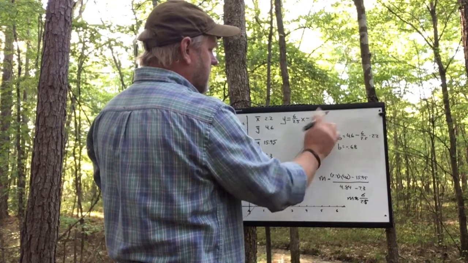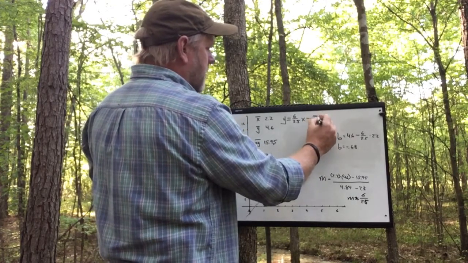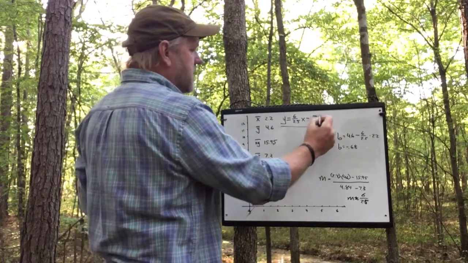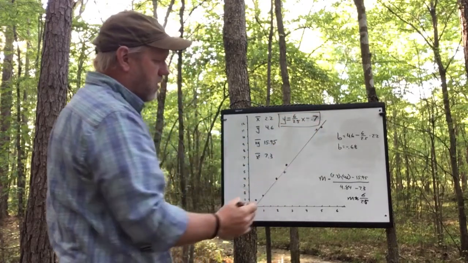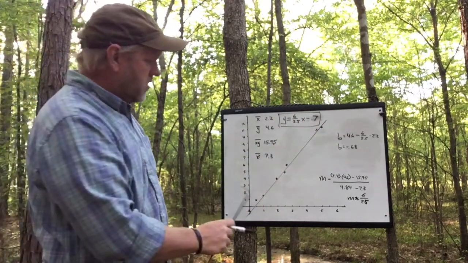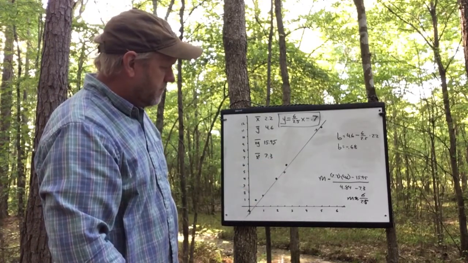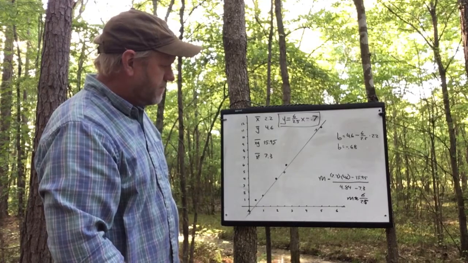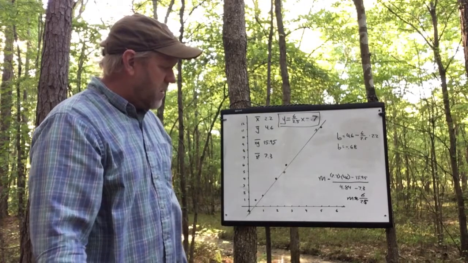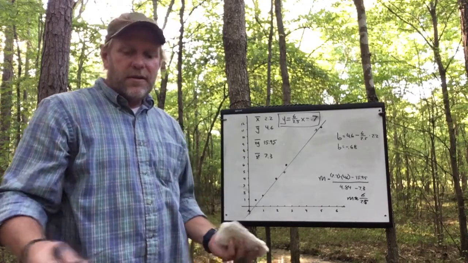I'll go with minus 0.7, right? So that gives us the formula for our line of best fit. And you can see that these are on the average pretty close to where we are. And that is how you calculate the line of best fit.